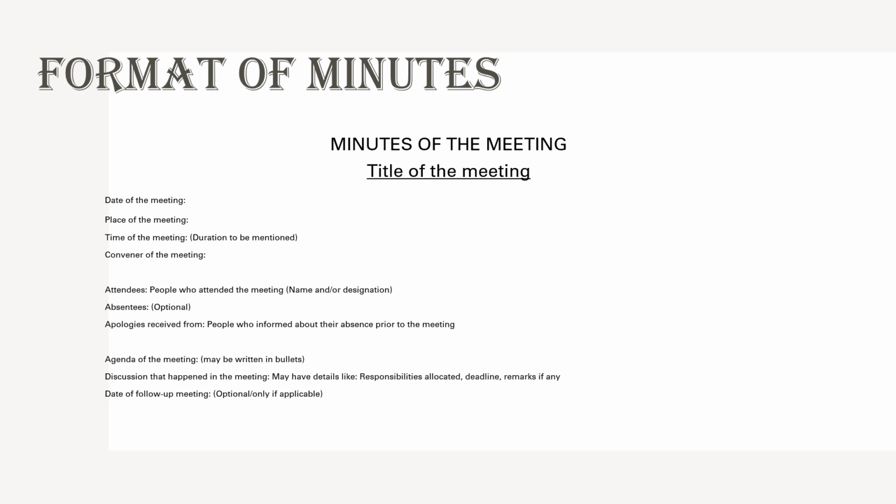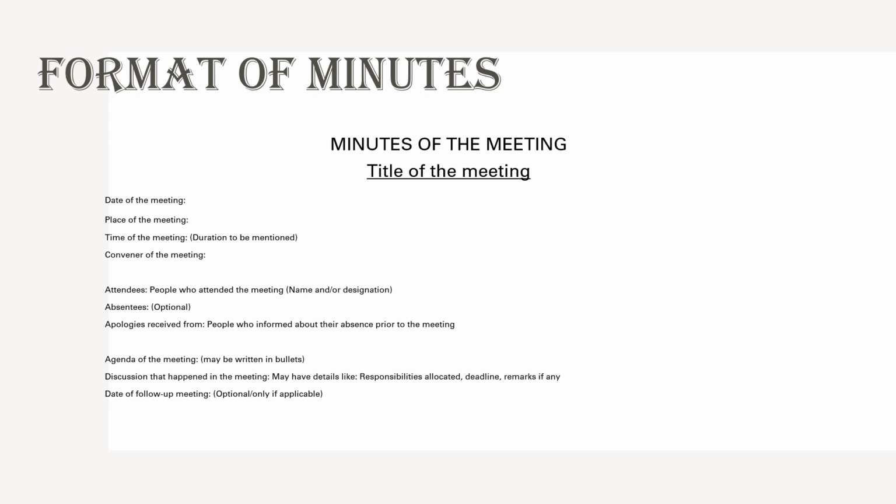Therefore absentees is optional. Anyways, if you're writing the attendees, the people who did not come would not be written in that section, so it is in a way obvious who did not. But to make it more clear, you can have this option tab here, which is absentees, though it is optional. And then you will write down apologies received from.